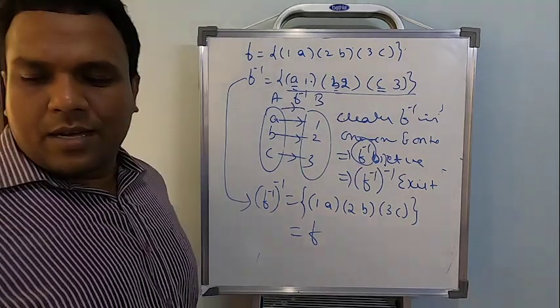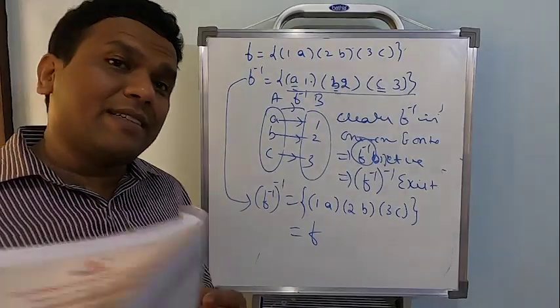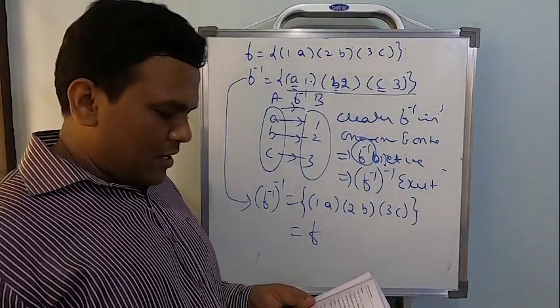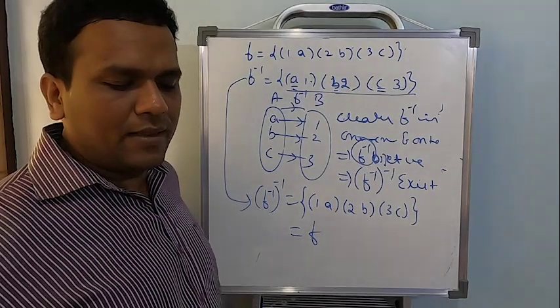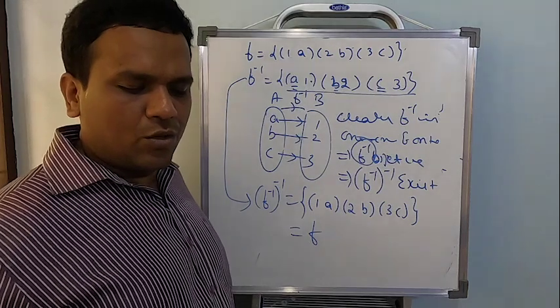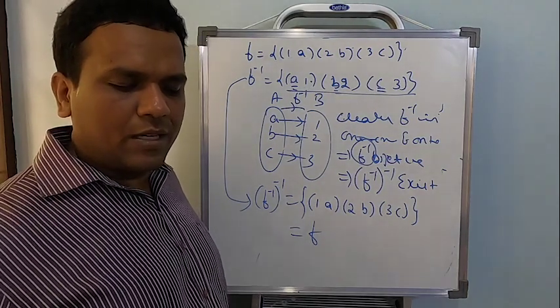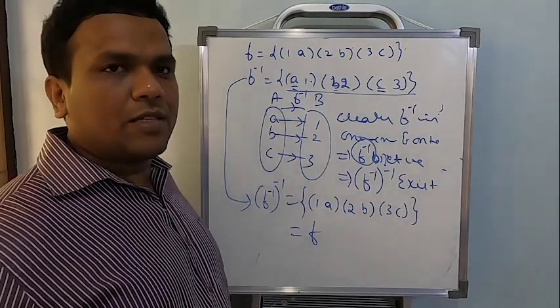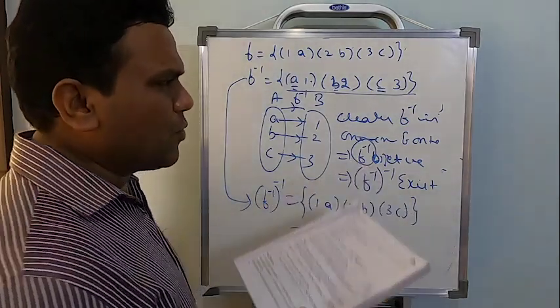Clear, students? Now, this is a standard statement actually. The inverse of f inverse is equal to f, which they asked in the 12th example: let f from X to Y be an invertible function, then show that the inverse of f inverse equals f. The same thing I explained here.